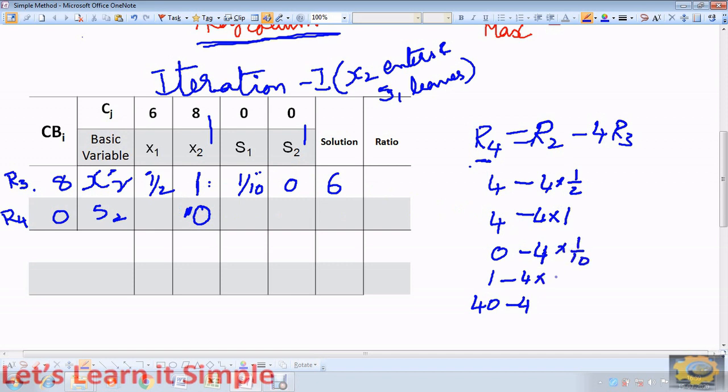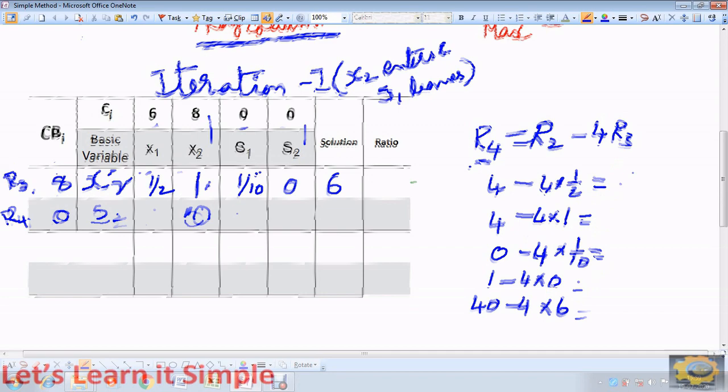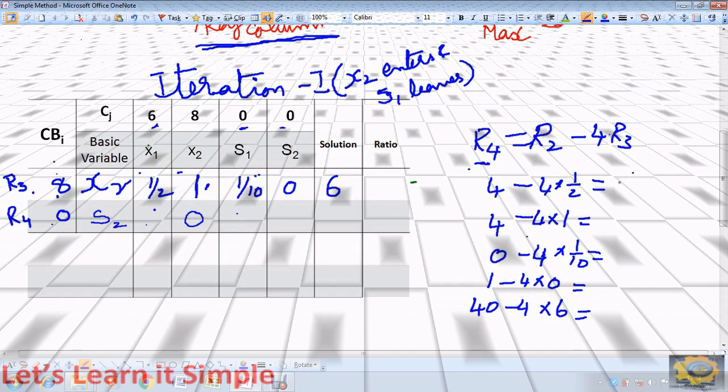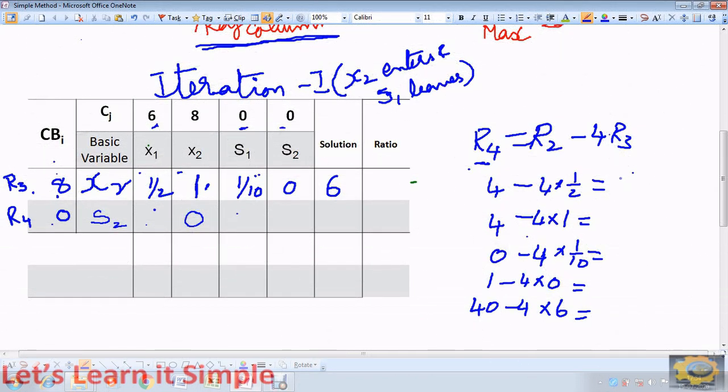Now next we have 0. Next we have 6. So next we need to compute this value. 4 minus 4 into half, which amounts to 2. Bring 2 here. Next 4 into 4 minus 1, 0. So this is what we want.